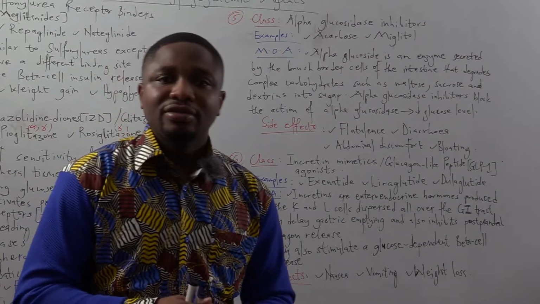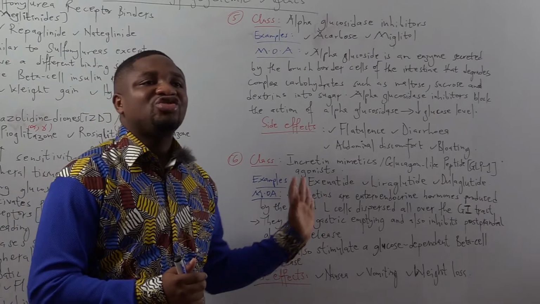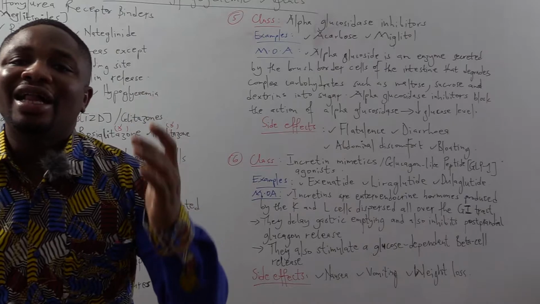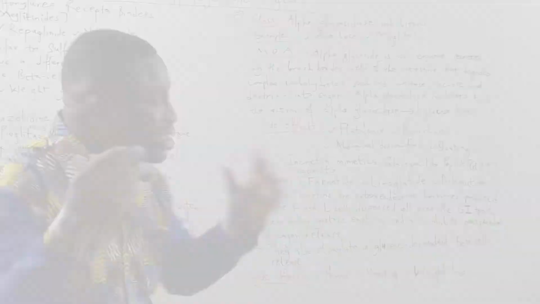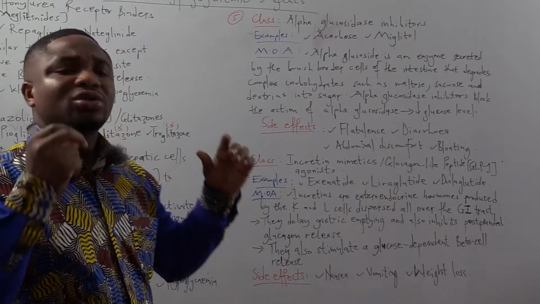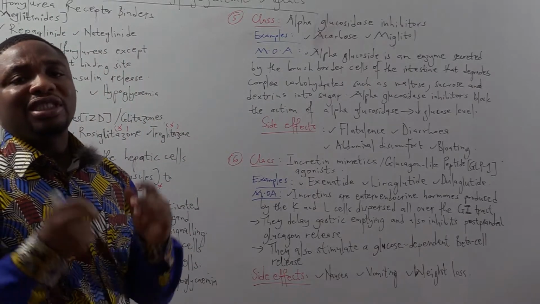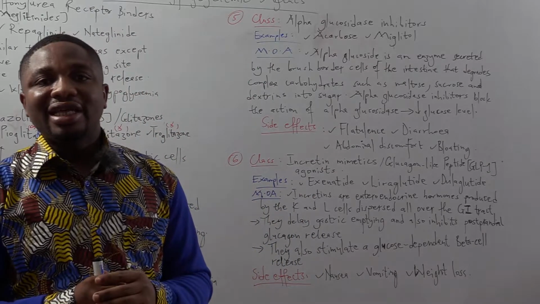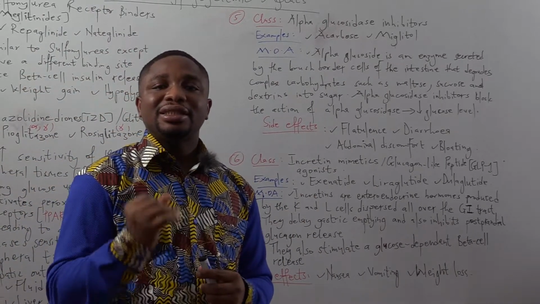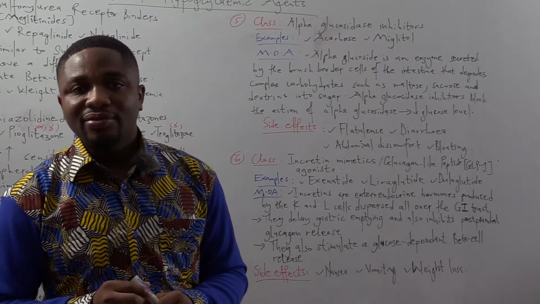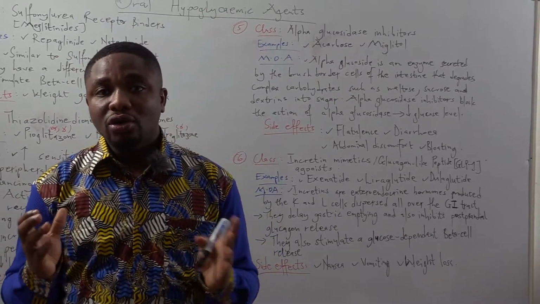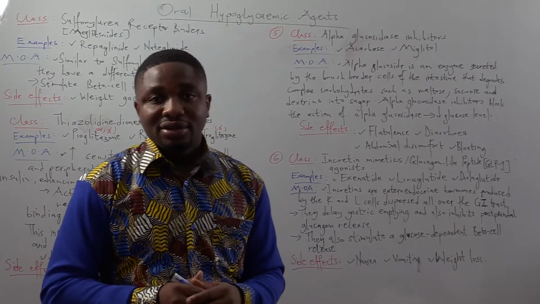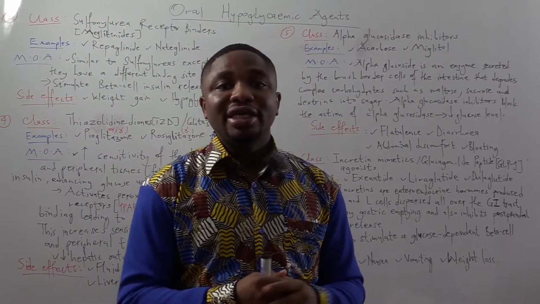And what do they do? First, they delay gastric emptying and also inhibit postprandial glucagon release. What else do they do? They also stimulate glucose-dependent beta cell insulin release, meaning that any food that enters the GIT gets broken down into glucose, and the moment glucose is produced, there is signaling to the beta cells of the islets of Langerhans to release insulin.